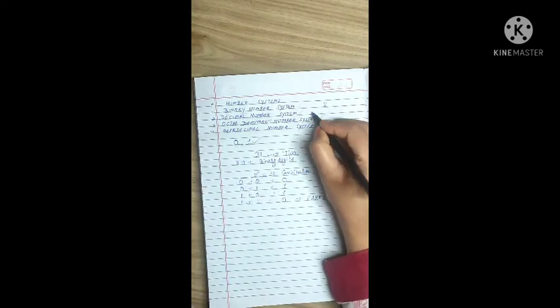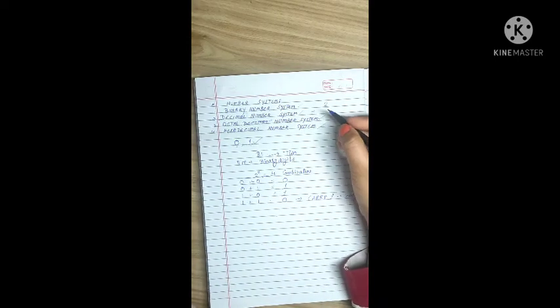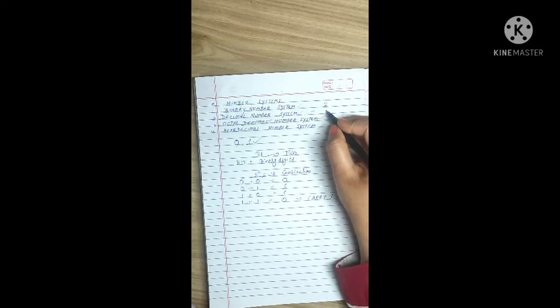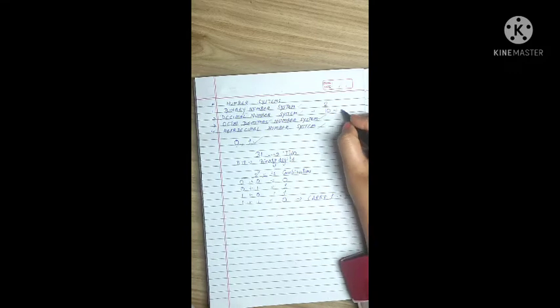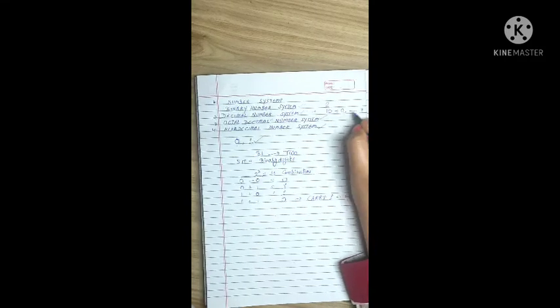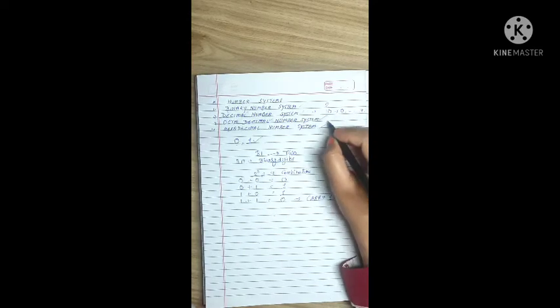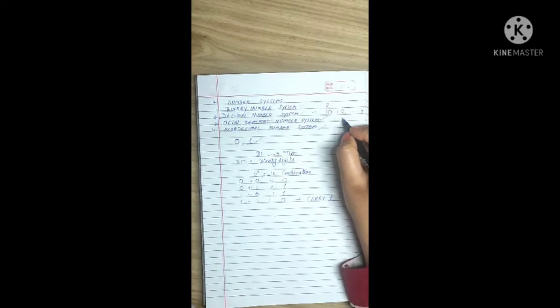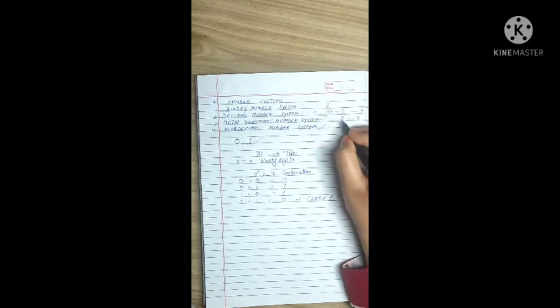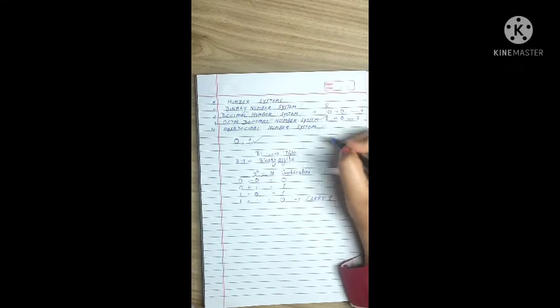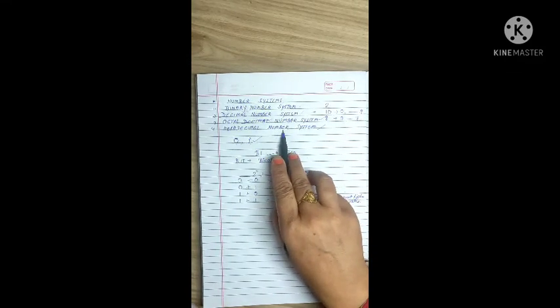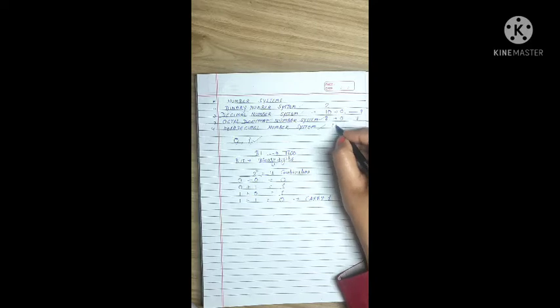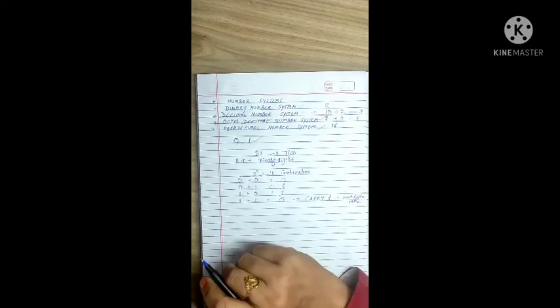Same way, for the decimal number system the total number of digits is, sorry, it's 10. So the base will be 10. It takes numbers from 0 to 9, so altogether these digits are 10 in total. Then the octal number system takes 0 to 7, so altogether 8, and its base will be 8. Same way, the total number of digits used in the hexadecimal number system is 16. So the base of the hexadecimal number is 16.